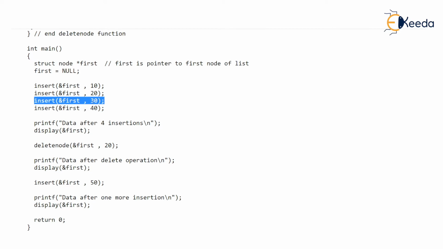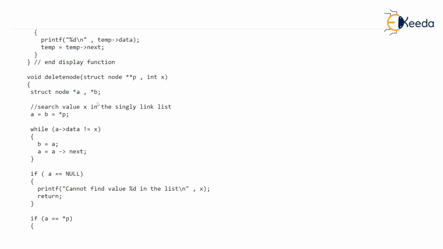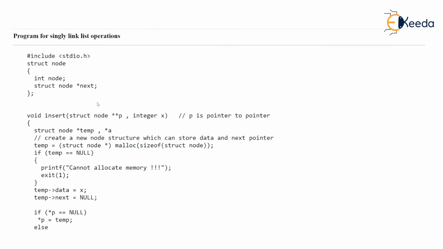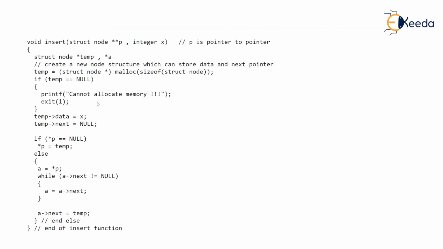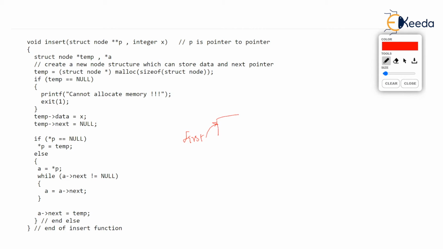We are passing address of first and 30. Let's go to the insert function. Never mind, I will draw the current linked list that we have. The current linked list is first, pointing to the very first node, storing 10, and next pointer is now pointing to the next node, storing 20, and next pointer of this 20 was null.